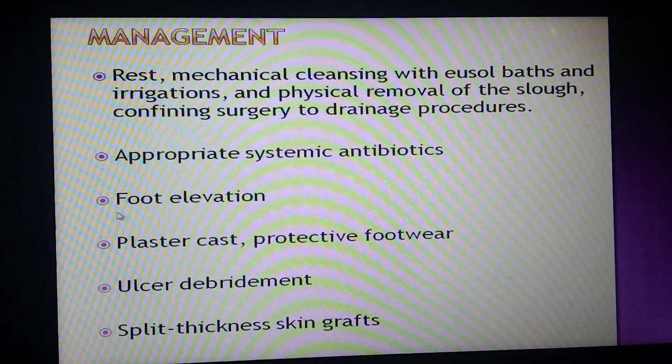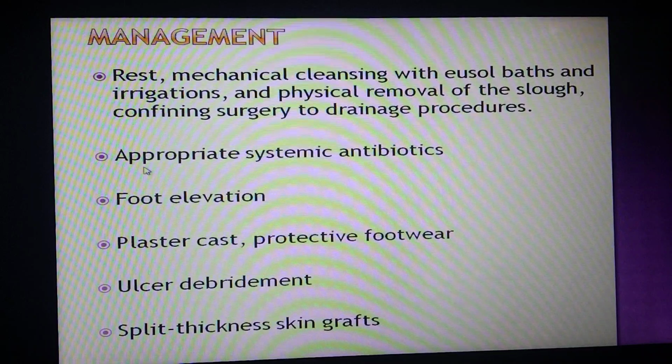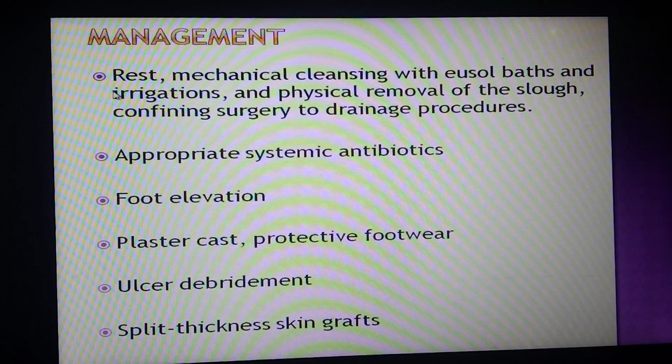Next, let us come to the management of leprosy. How will we manage it? First of all, the first step will be rest. Then mechanical cleansing with Epsom salt bath and irrigation, and physical removal of the slough, confining surgery to drainage procedures.